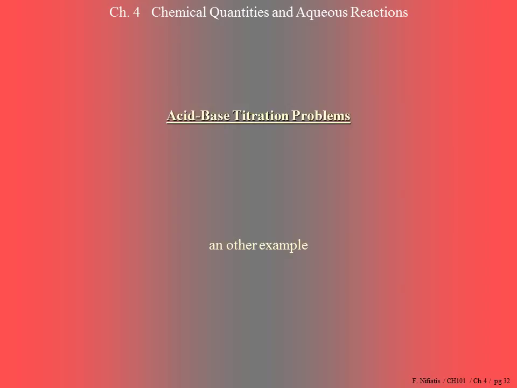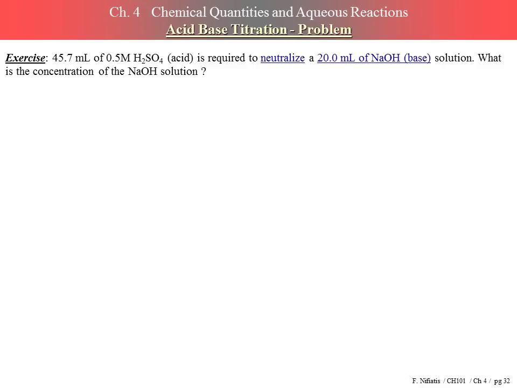Another example. We have 20 milliliters of sodium hydroxide. Let me point it out here. Here it is. We do not know the concentration of this one here, so we need to do a titration. In order to standardize the sodium hydroxide, I will need an acid.